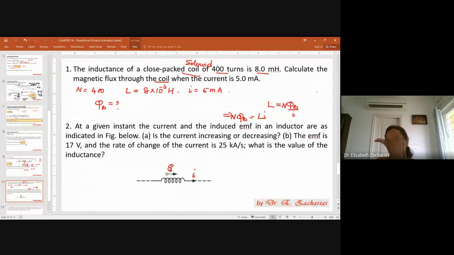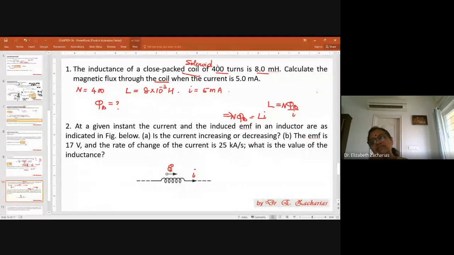If the current is increasing, the increase in flux is also in this direction. Then in which direction will the EMF be? According to Lenz's law, it will be in the opposite direction. Since the EMF induced is in the same direction as the current in the wire, you conclude that the current is decreasing.